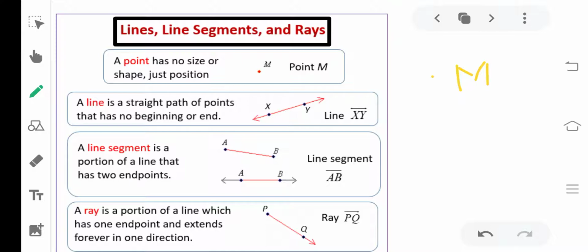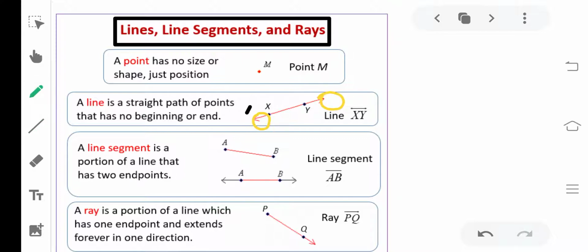Okay, I will show you a line. See friends, we are learning about the line. A line is a straight path of points that has no beginning or end. Means if we extend the line segment endlessly on both sides, we get a line. Okay, see in this diagram you will see that this line has no end.